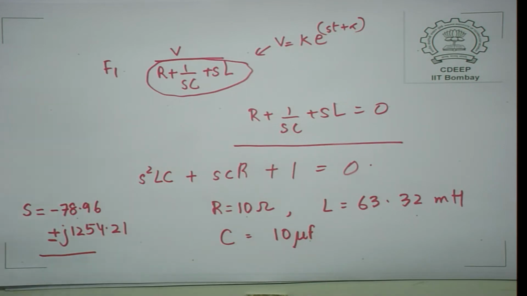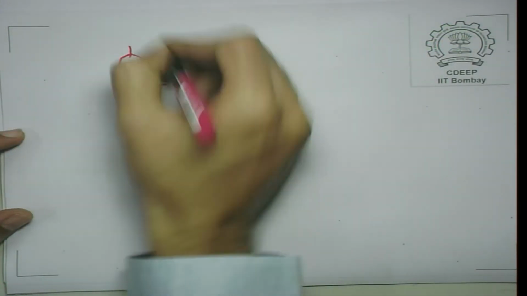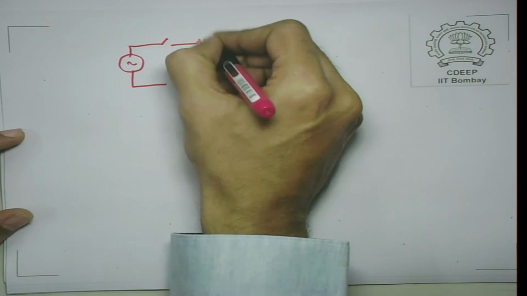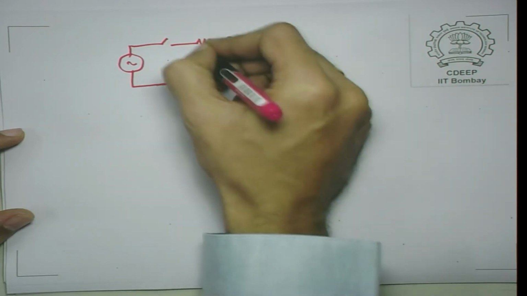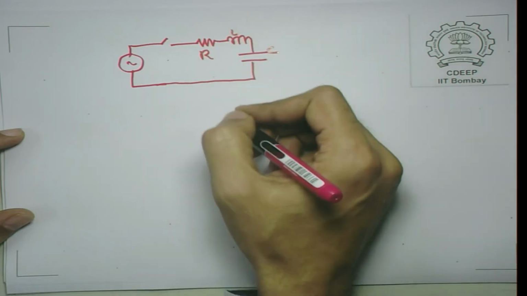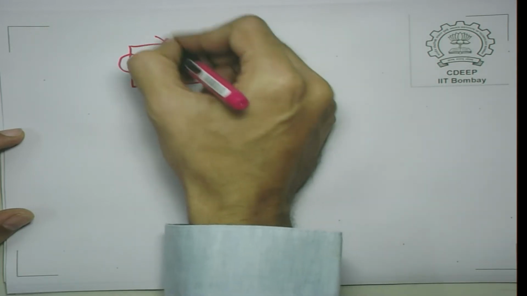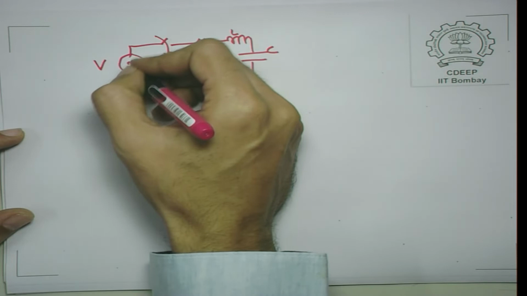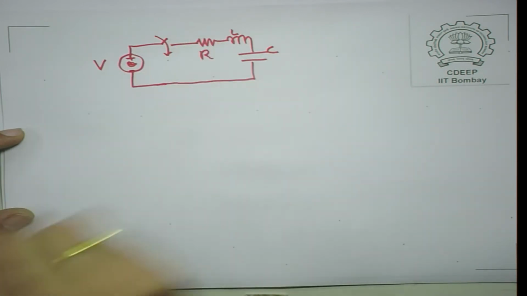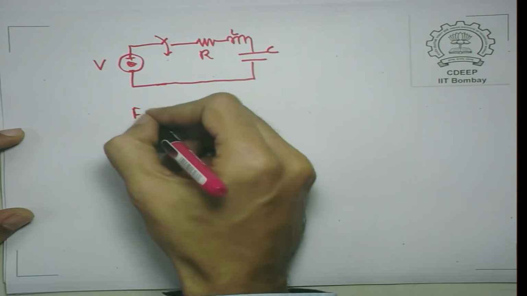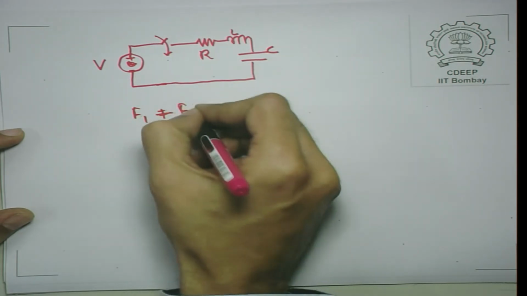Now, please remember what I am trying to say here. If you have got this circuit, there are two components of this response. This, of course, V could be anything. I have just shown it AC here, but it could be anything. Let us just say it is V. There are two components, F1 plus F2, for the current.